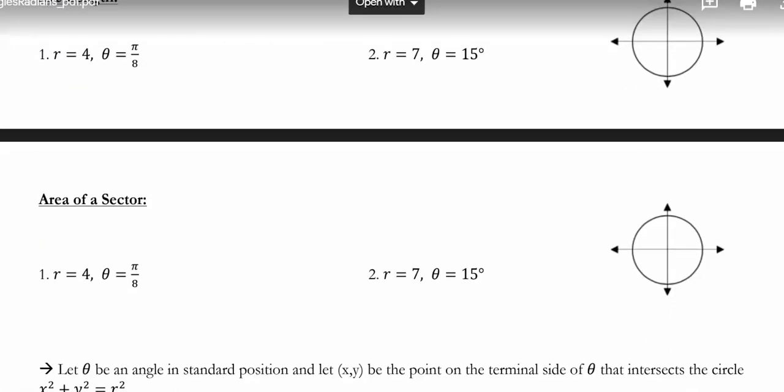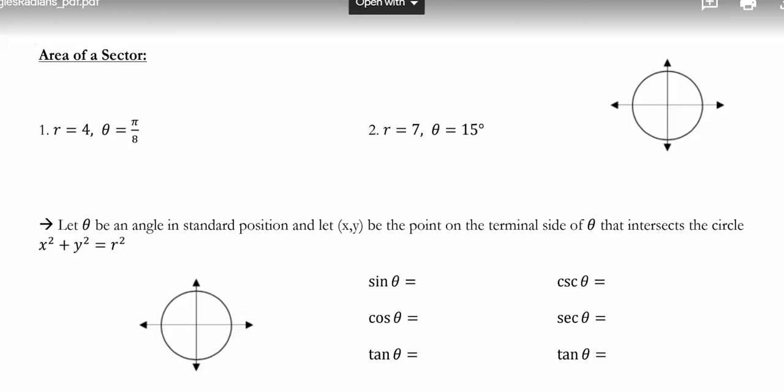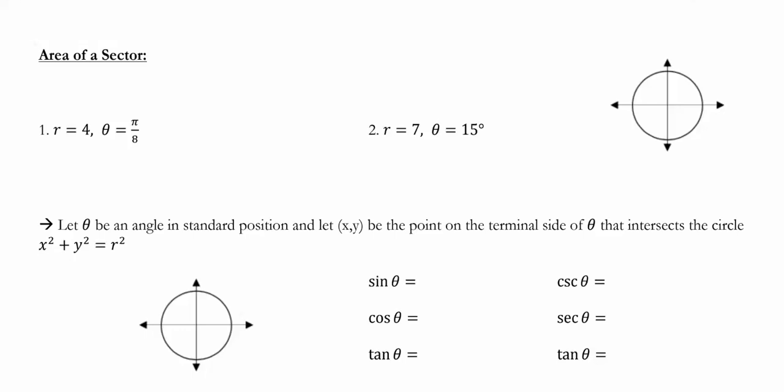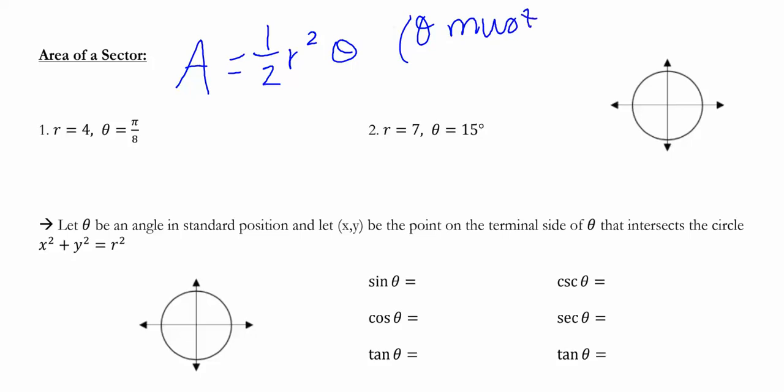Let's talk about area of a sector. Area of a sector has a formula. It's A equals 1/2 R squared theta. And again, theta must be in radians.